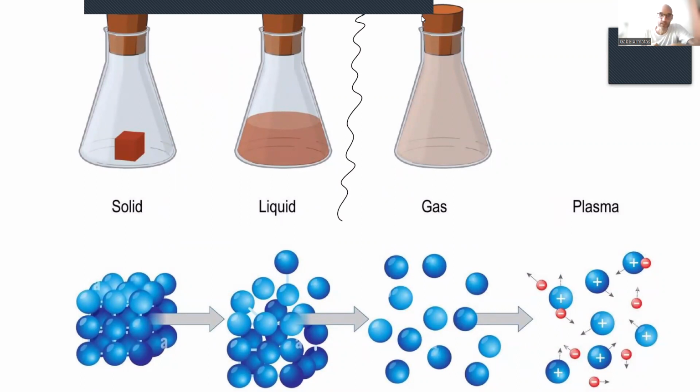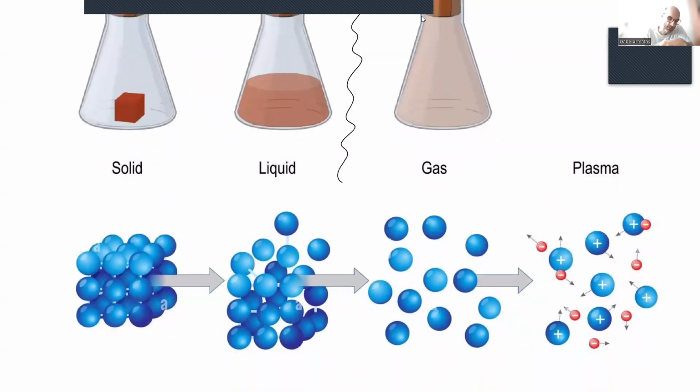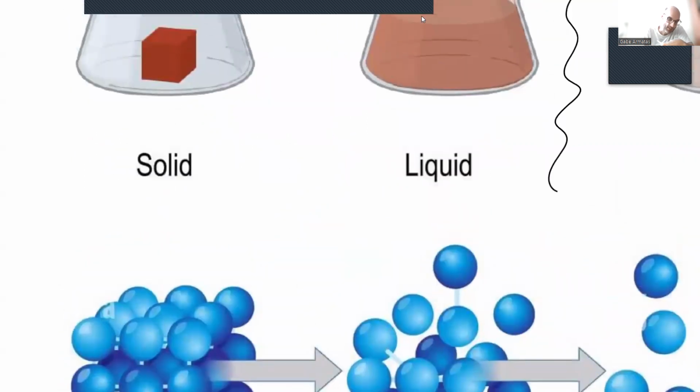So, some characteristics about a solid. A solid is typically going to have a definite volume and shape. Okay, so you look at this piece of solid here, this cube, and it has a volume and a shape. You can see those two things.